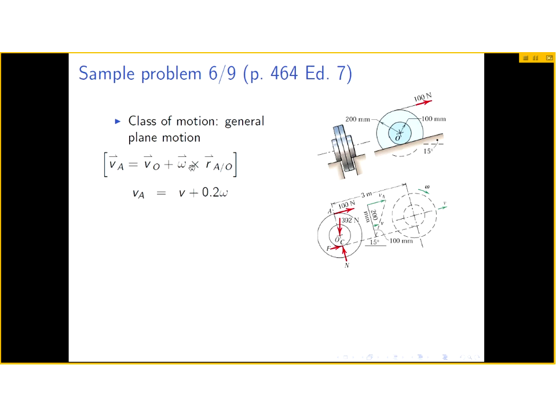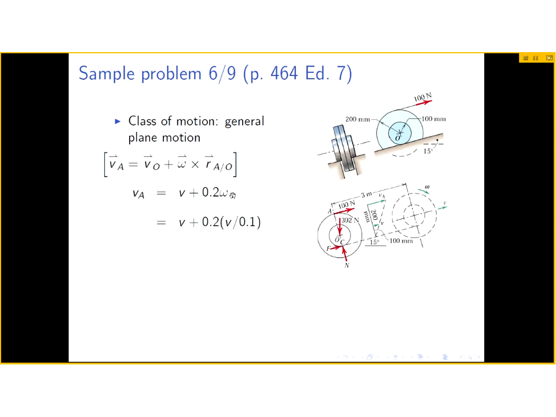And then the cross product of omega cross R A relative to O will simply be in magnitude the length of R A relative to O, which is 0.2, times the magnitude of the angular velocity omega, as indicated here in the diagram. In other words, 0.2 omega.